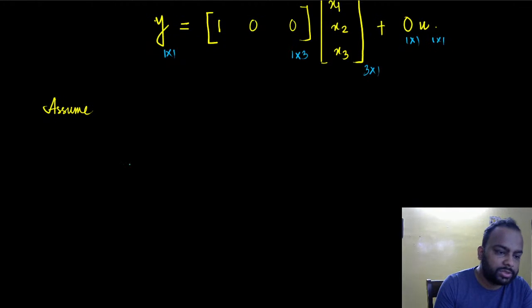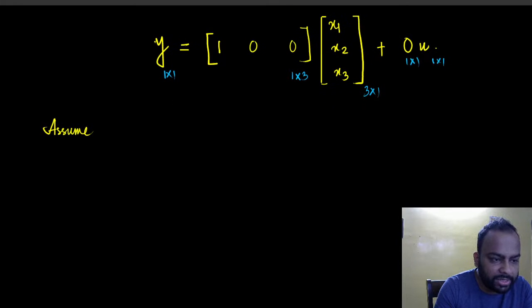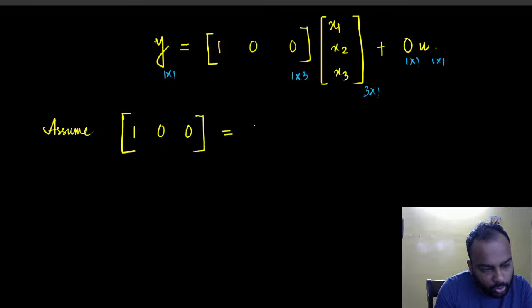We are assuming this matrix, [1 0 0], to be another matrix.